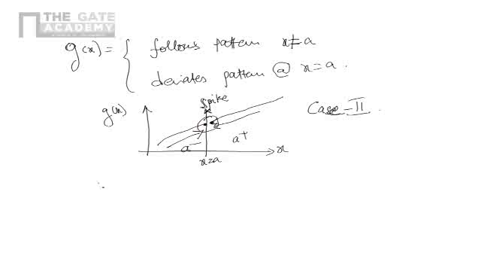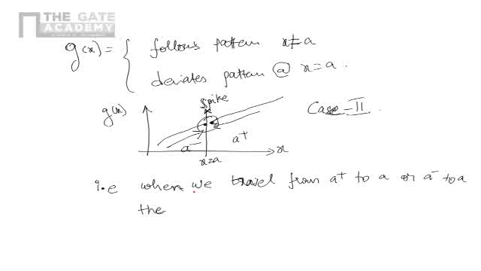That means when we travel from a plus to a or a minus to a, the values taken by g of x converge. We are approaching the same value here, but what is the deviation?